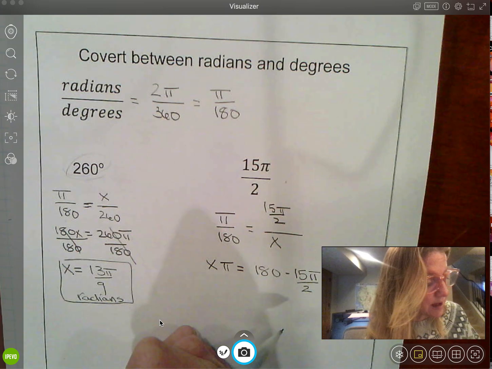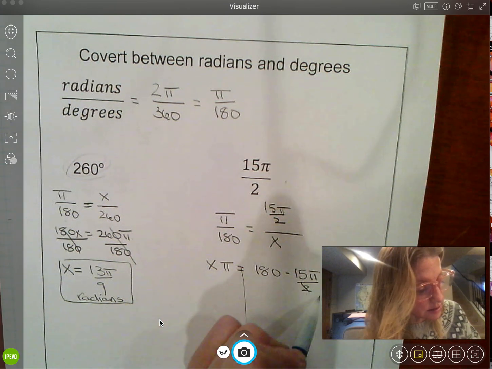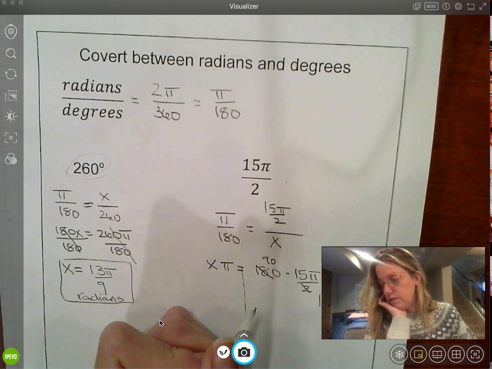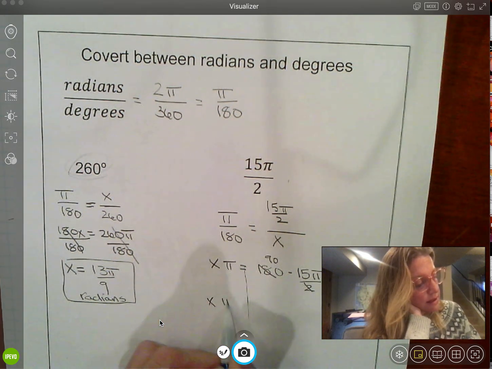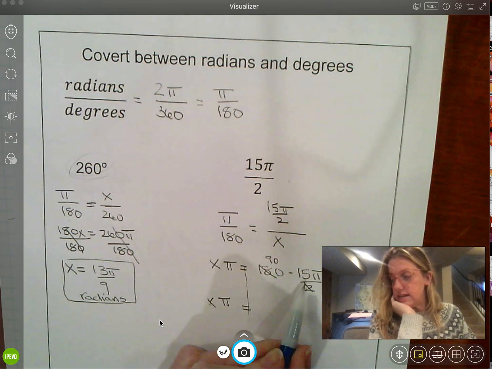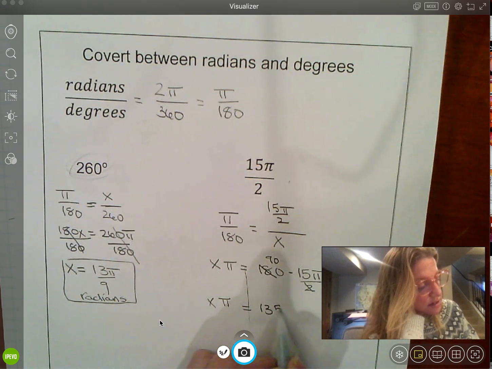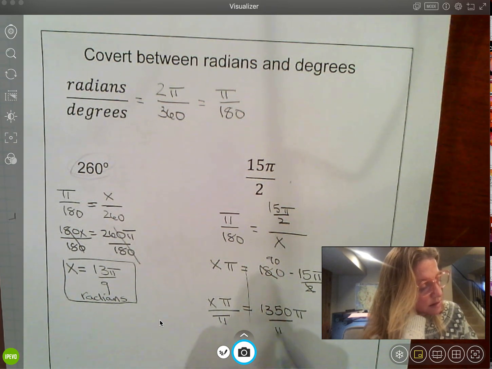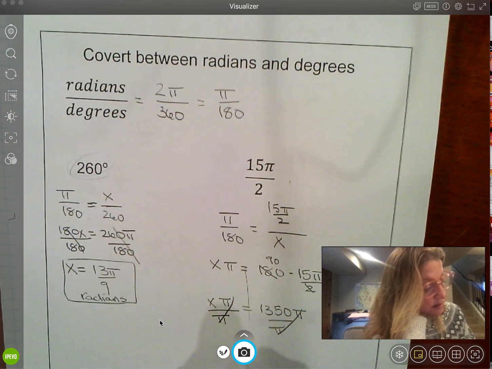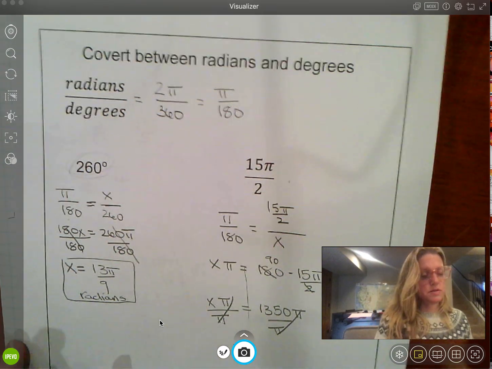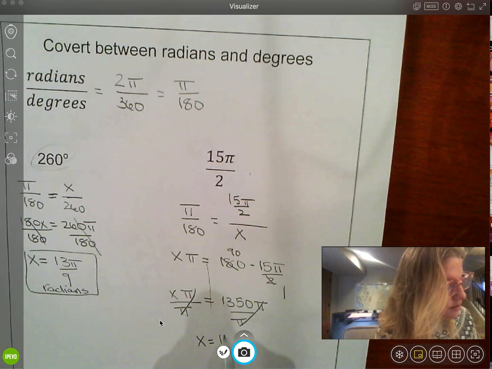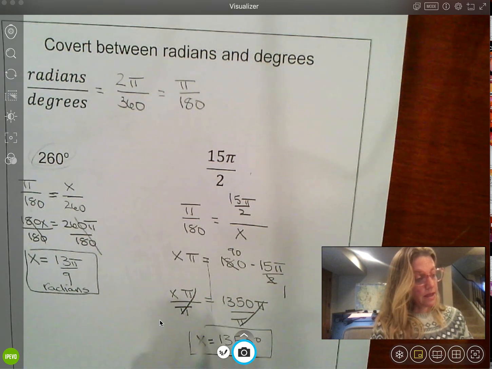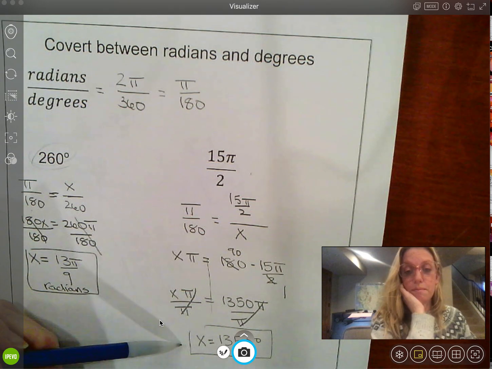To simplify, to start, this 2 can become 1, and this 180 can become 90 if you wanted to do that. So you get x times pi equals 90 times 15, which gives us 1350 pi. Then to solve for x, it's really nice, the pi's cancel. I get that x is 1,350 degrees.